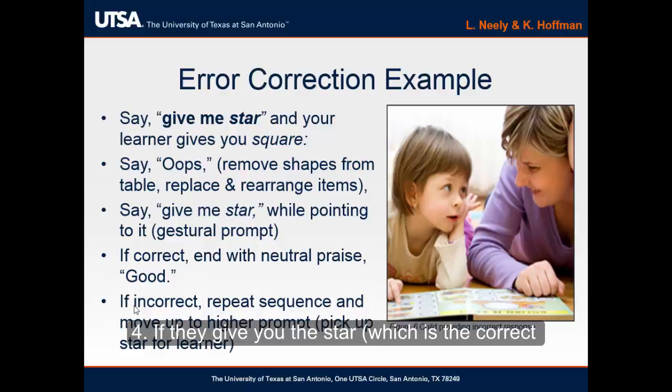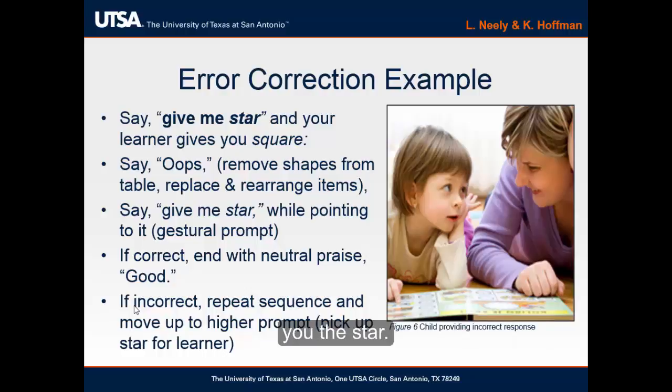If they give you a star, which is the correct answer, you can end with praise, good, I like how you tried, remembering to use differential reinforcement. If they are incorrect, you might repeat the same steps but move to a higher level prompt and give your learner more help with the new trial. So next time, you might actually partially physically prompt your learner to point and give you the star.